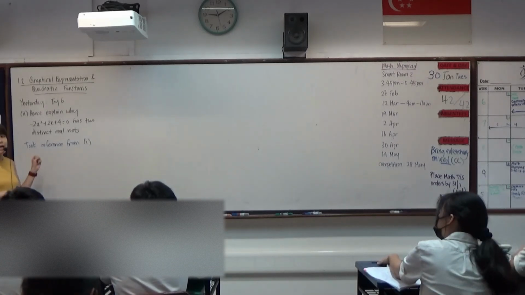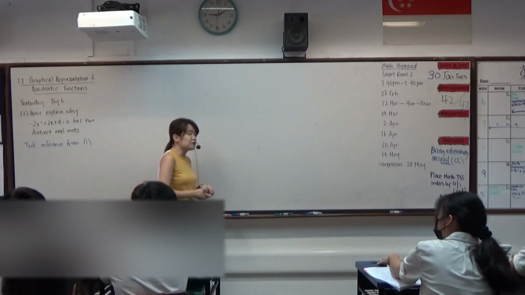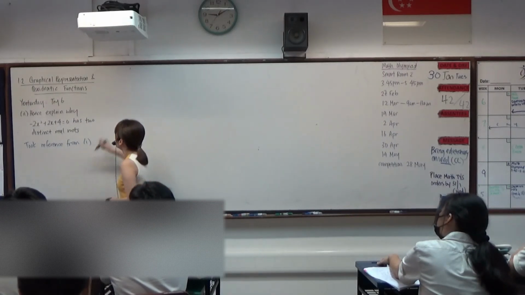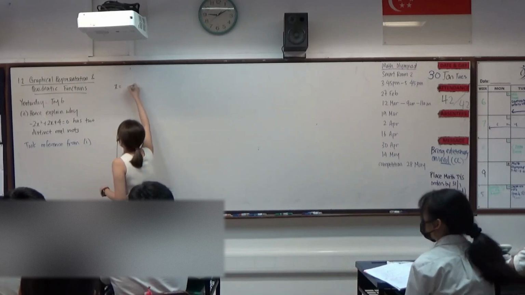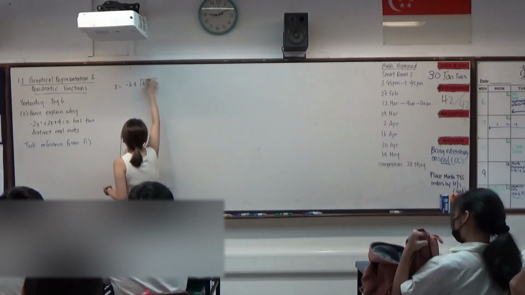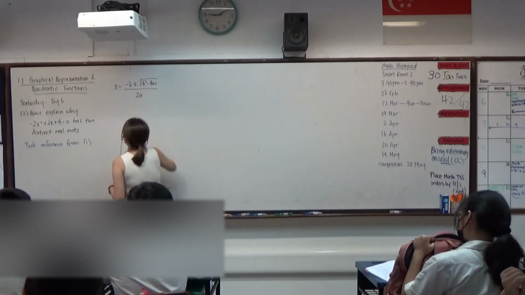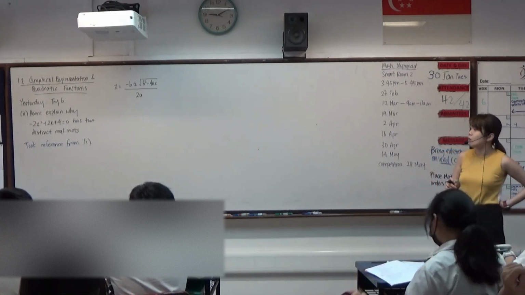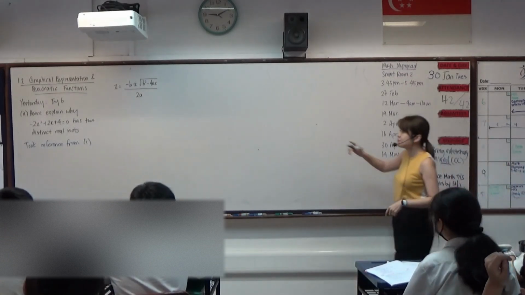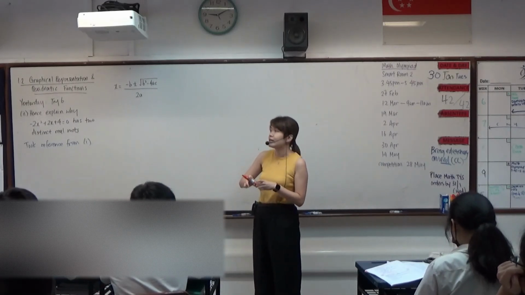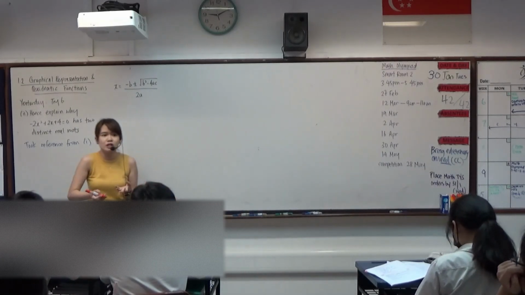Then before we ended, let's actually ask a question: can we use the discriminant? If you recall back when we were doing E-maths, I did introduce this idea to you. What exactly is the discriminant? It is based on this formula that we learned. We know that we can solve a quadratic equation based on our formula, and there is a part that helps us determine how many solutions there are.